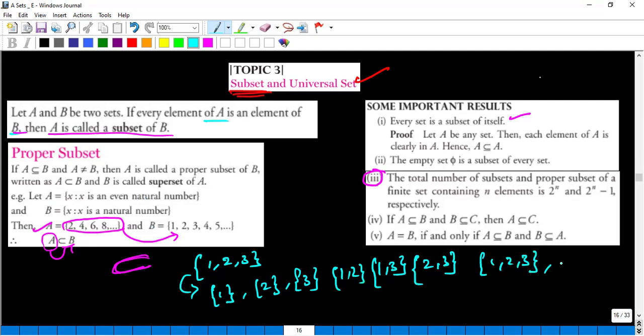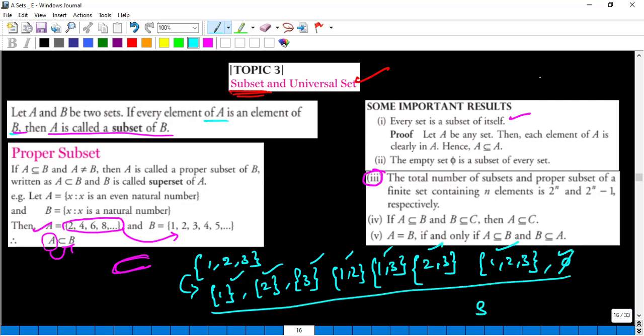Of course, one more subset is the empty set. In total, how many subsets am I able to generate here? 1, 2, 3, 4, 5, 6, 7, and 8. Total 8 subsets. There is a relation between the number of elements and this 8. That relation is 2 power n, where n is the number of elements. 2 power 3 is nothing but 8.